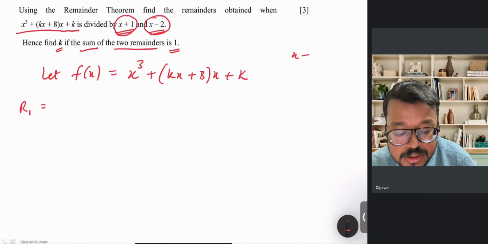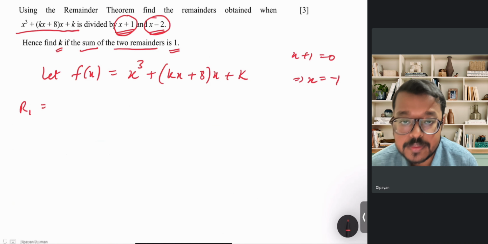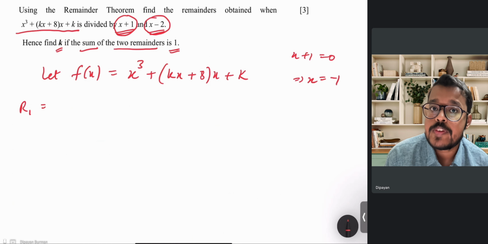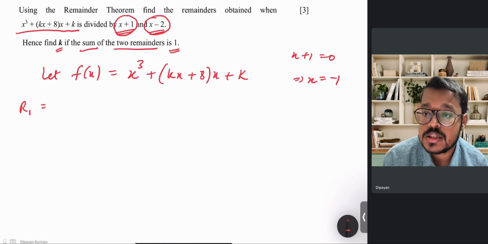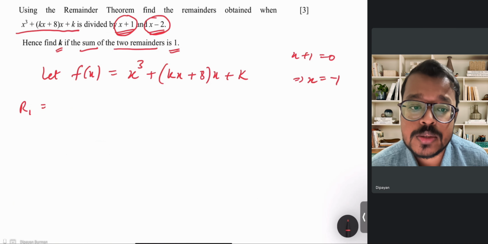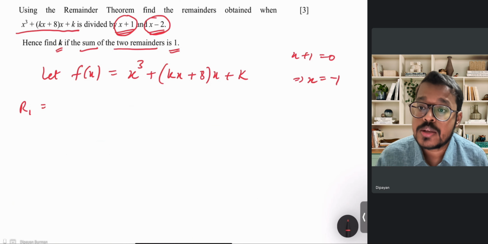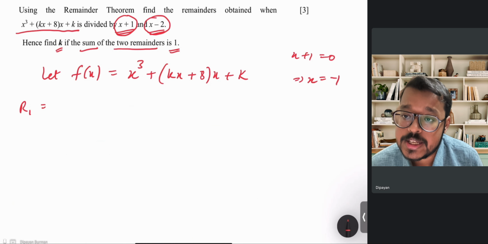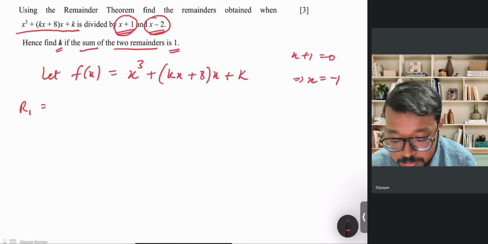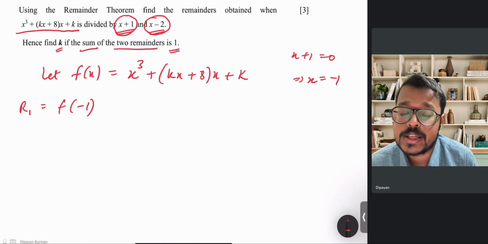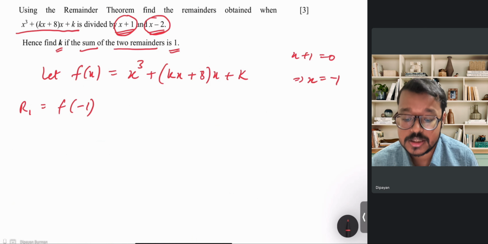Now if x plus 1 equals to 0, that implies x equal to minus 1. I am trying to find the remainder when the dividend is being divided by x plus 1. So the divisor x plus 1 is 0 when x equal to minus 1. So the remainder when we are dividing with x plus 1, we are expecting to be f of minus 1.